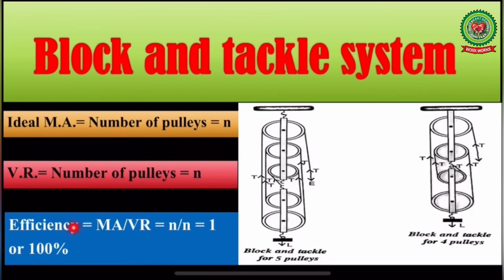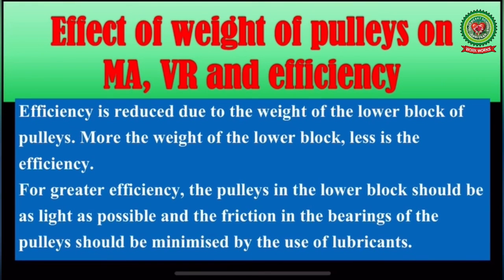Efficiency again in this case is mechanical advantage over velocity ratio, which is n upon n, equal to 1 or 100%. But in practice, the efficiency is always a little less than 1 or 100% due to loss of energy due to friction between the strands and the pulley bearings. The next topic is effect of weight of pulleys on mechanical advantage, velocity ratio and efficiency.